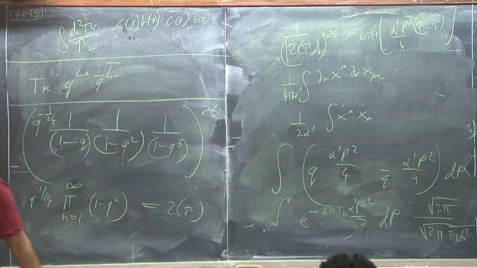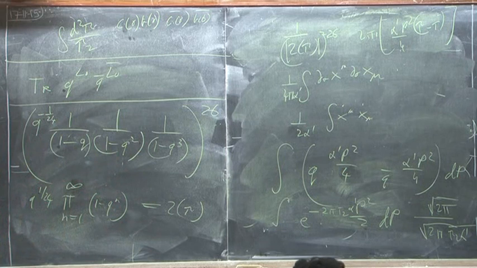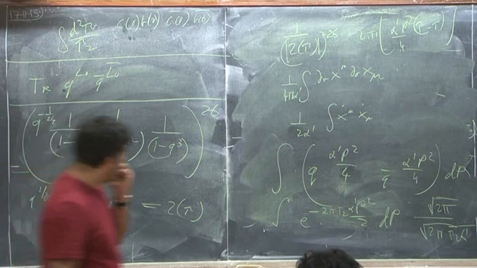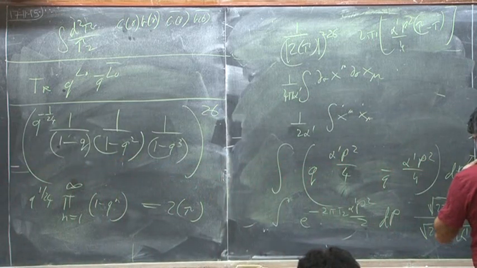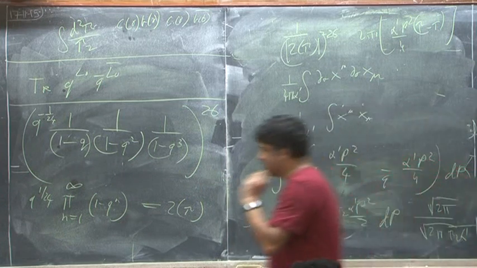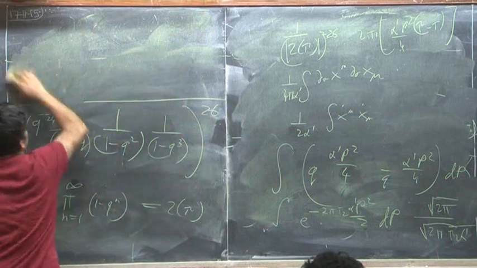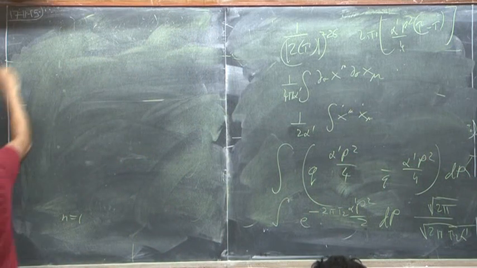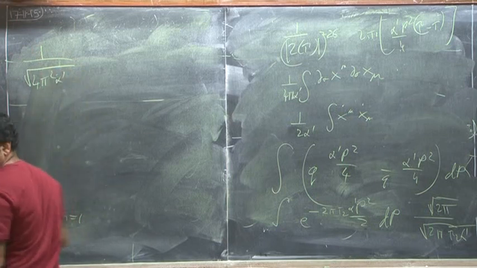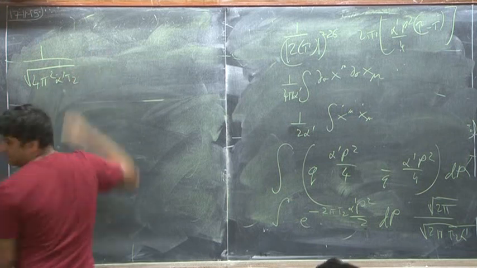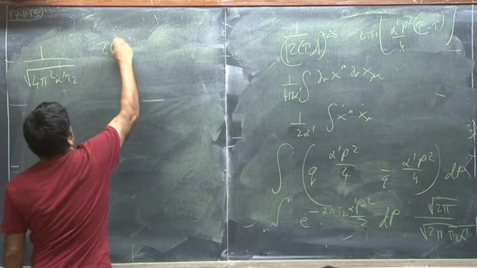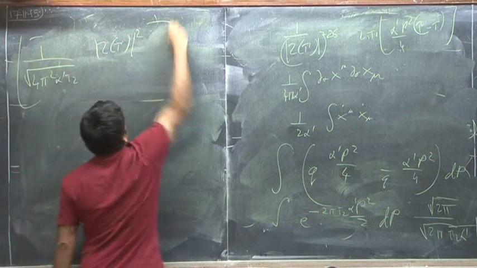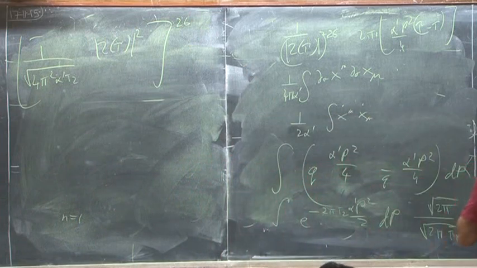So the net answer from the matter sector, for each scalar, you get 1 by square root of 4 pi squared alpha prime tau 2, mod eta of tau squared. Wait for our 2 pi. Right? We have this 2 pi down.